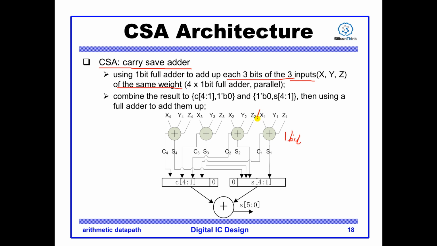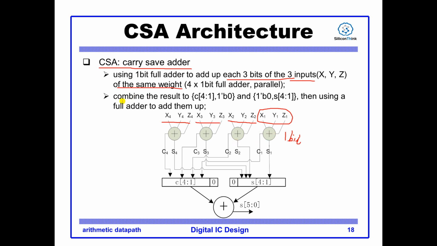For example, you can add the bit 1 of X, Y, Z together using a 1-bit full adder. This is bit 2, bit 3, bit 4, each using a 1-bit full adder. They are added in parallel. So this is a delay of just one 1-bit full adder.